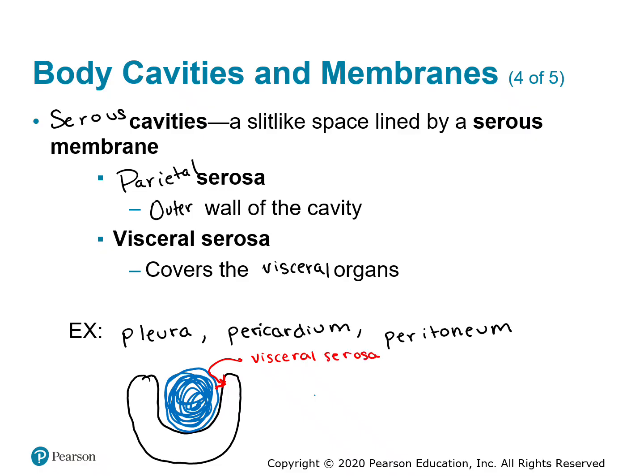The one that is directly on the organ is the visceral membrane. The one that is just outside the organ is going to be the parietal. Parietal, think like a parent who wants to protect their child, being the visceral serosa and the organ underneath. The parietal wants to protect, so it's on the most outer layer.